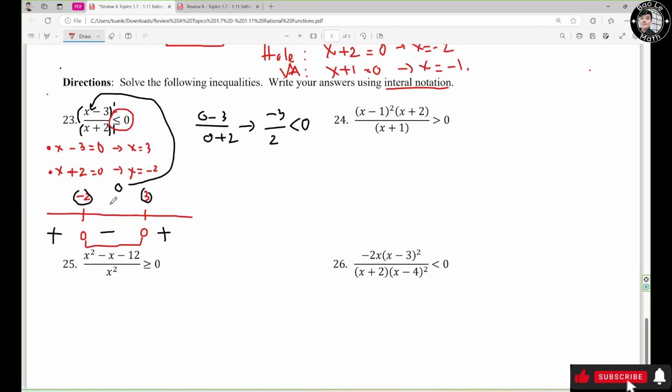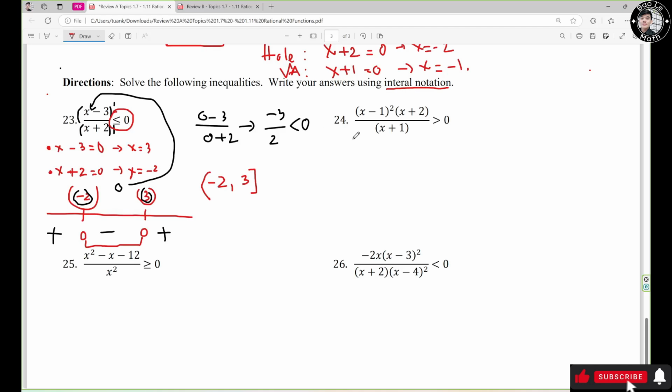So my solution should be from negative 2 to 3 right here, right? So I put negative 2, comma 3. Now, negative 2 is the 0 of the denominator, so this must be a parenthesis, right? 3 is the 0 of the numerator, so this must be a bracket.